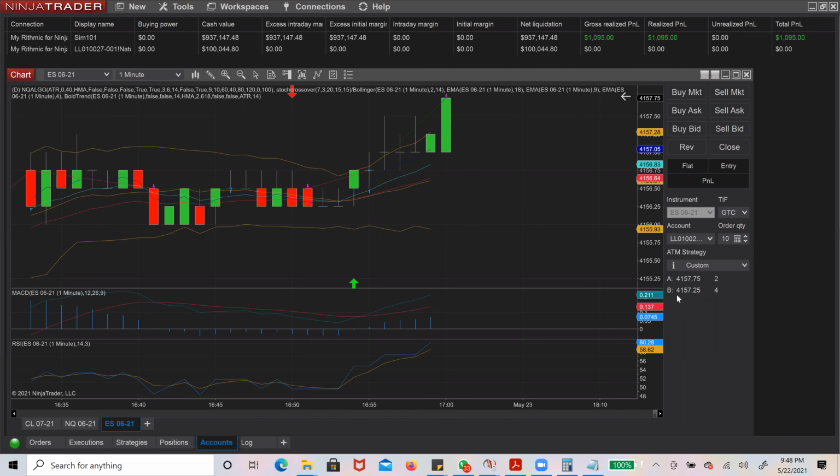Ask is what I want for that future. The market price is in the middle, 4157.50. If it goes up above that, every tick up you are making money. If it goes down, every tick down you are losing money.